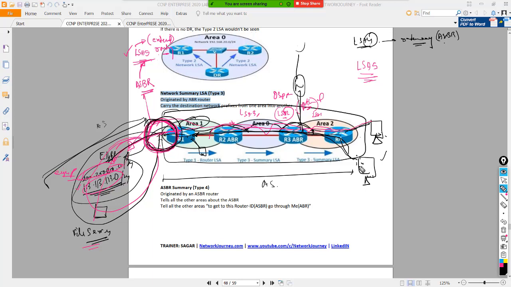Where does this person have to push his traffic? Basically he will push it to this router. Now this router will know that to reach an external routing protocol, it must forward to this ASBR. The ASBR will now take care of the external routing. That's how this is going to work.